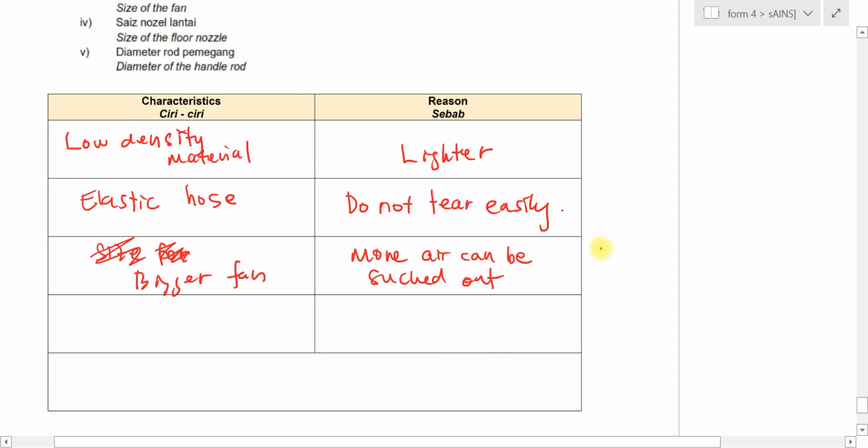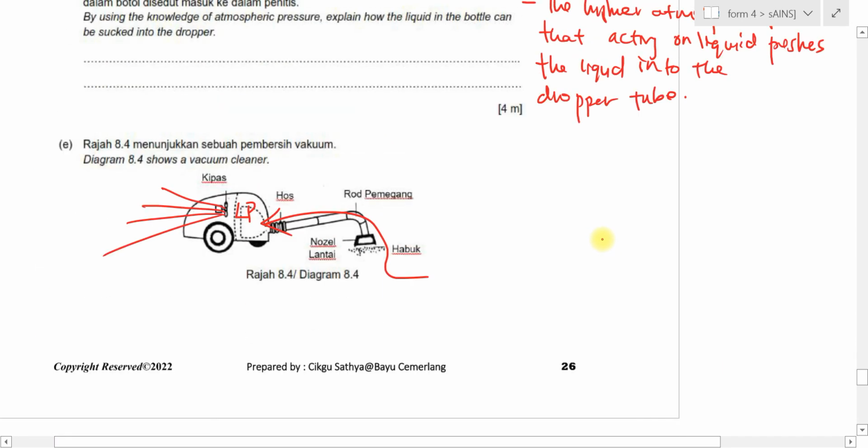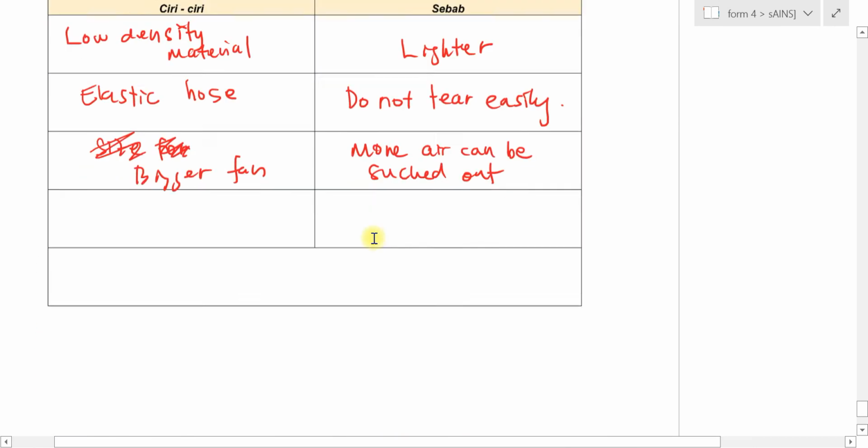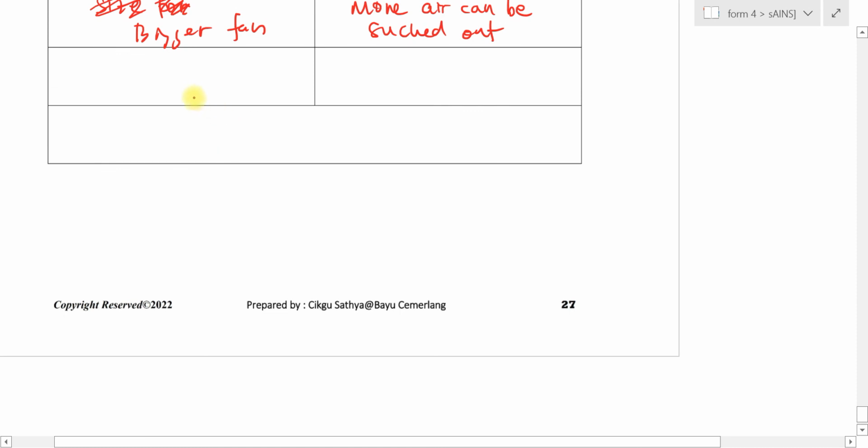And then the fourth one, the size of the floor nozzle. The floor nozzle is this part. It should be bigger so that more dust can be sucked. More common sense: a wider floor nozzle, more dust can be sucked.